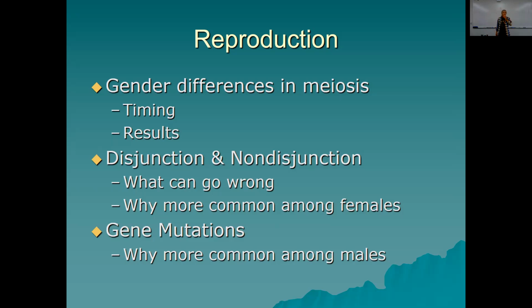Okay, then there's what's called Klinefelter syndrome. 2 X's and a Y. And these are males. They usually have underdeveloped genitals, and they have female secondary sexual characteristics, that is, they grow breasts and so on.